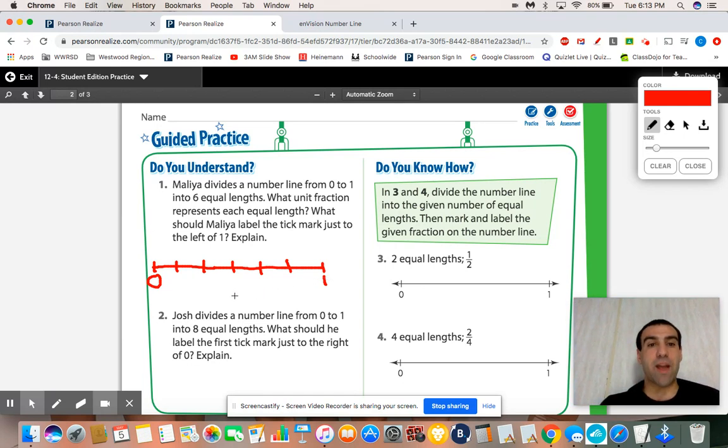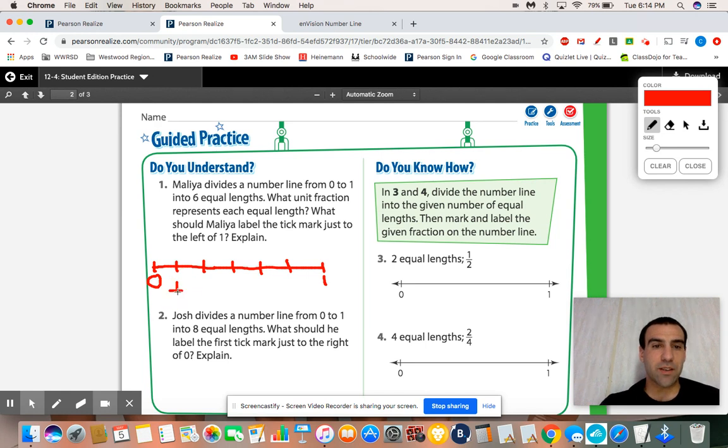So remember that. Look how many tally marks I have here. 0 has its own, right? So from here to 1, it's 1, then 2, 3, 4, 5, and 6, okay? So make sure you have 6 intervals, and then you label them.